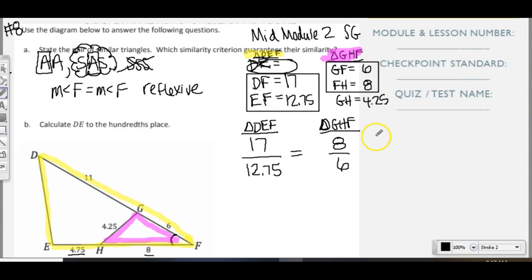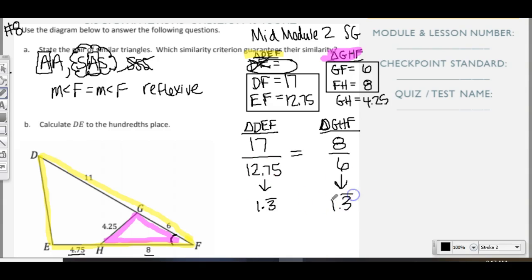So now, a couple of ways we can do this. We can cross multiply and see if we get the same number, or we can divide both of these fractions and see if we get the same number. So 17 divided by 12.75 gives us 1.3 repeating. And 8 divided by 6 also gives us 1.3 repeating.